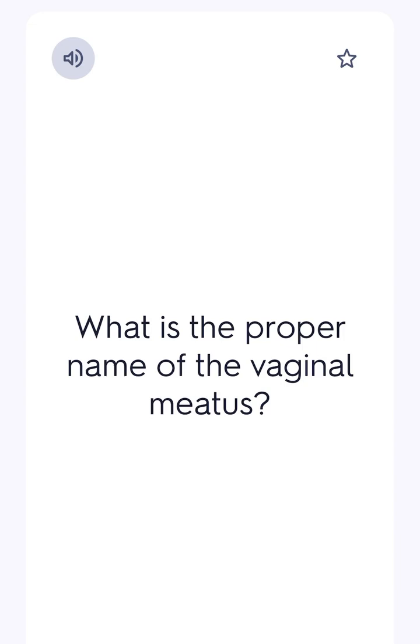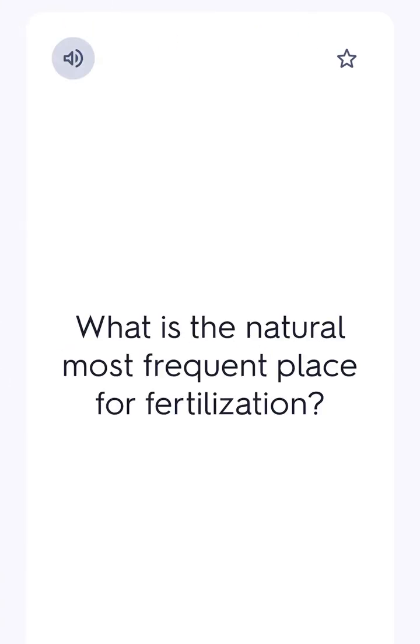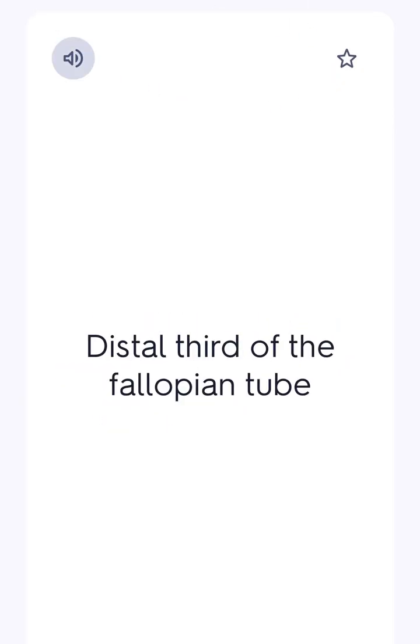What is the proper name of the vaginal meatus? Introitus. What is the natural most frequent place for fertilization? Distal third of the fallopian tube.